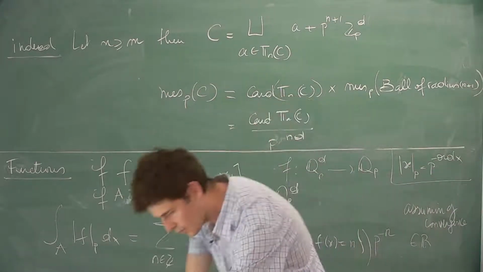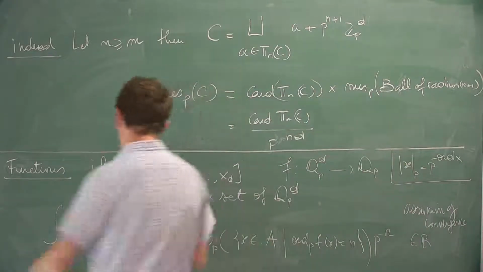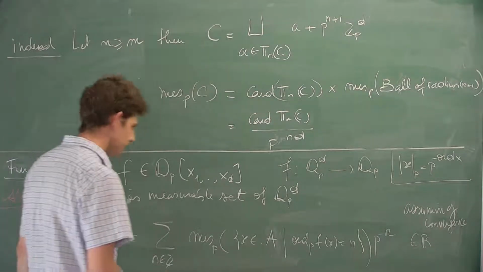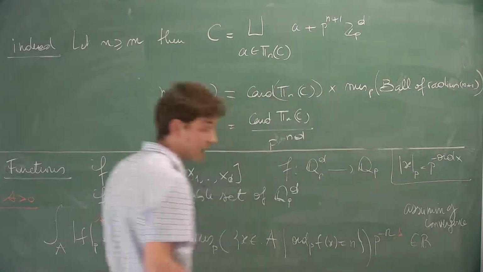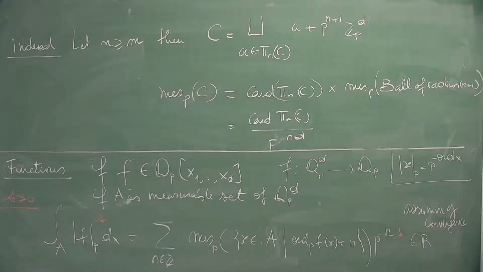Okay, so an example related to the Igusa theorem. More generally, before doing the examples, if here I put an s with s positive, then here I have a p to the minus ns. This relates to what I have written before.